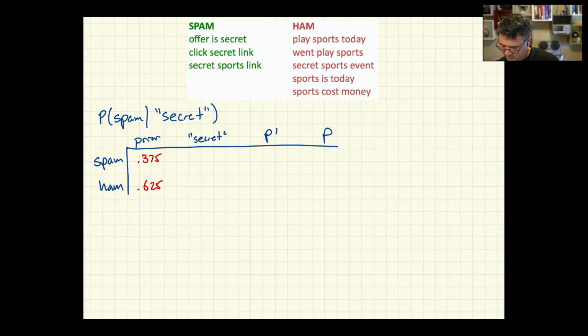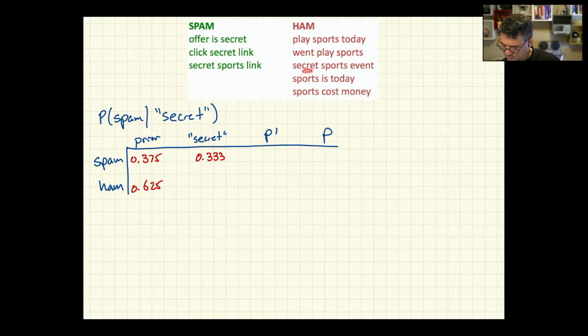Secret is, well, let's see. Secret given that it's spam: 1, 2, 3. It appears 3 times out of a total of 9 words. So that's 3/9, which is 1/3, which is 0.333. And then secret given ham.